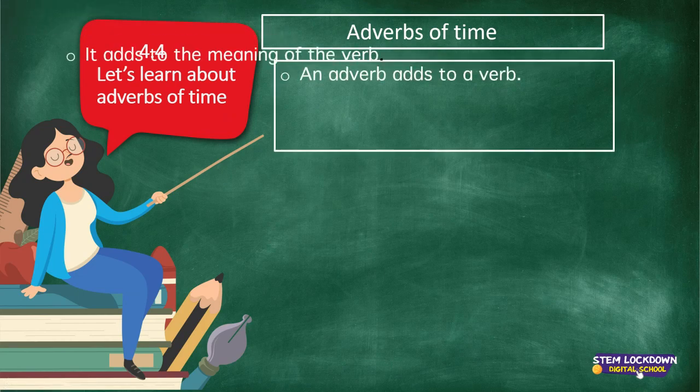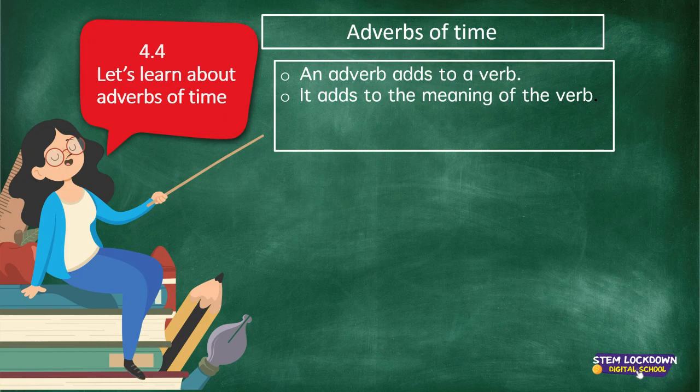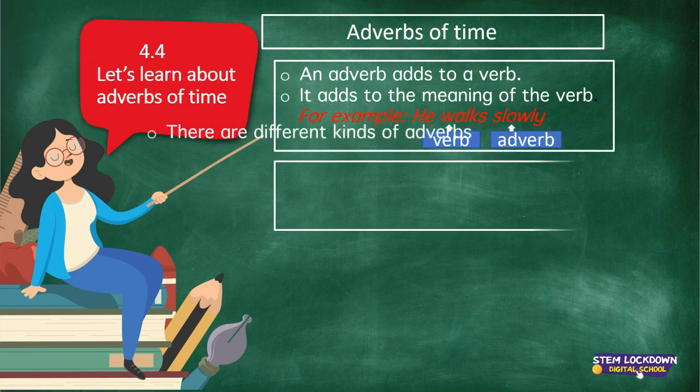So an adverb adds to a verb, and it adds to the meaning of the verb. So, for example, he walks slowly. If we just said he walks, he could be walking anyway, but if we said he walks slowly, it tells us how he walks. So that's not really an adverb of time, that's an adverb of manner, but it shows you how an adverb adds to the verb. Right.